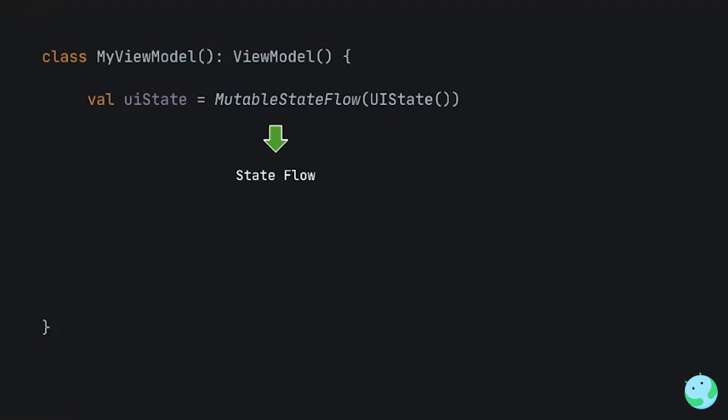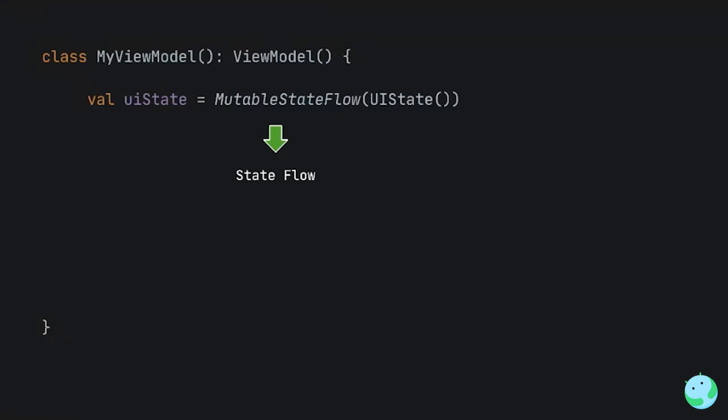A state flow conflates. It caches the most recent item you send to it, and if you send something again, it will conflate. A shared flow is different. It has the ability to replay things, to cache, and to handle buffer overflow strategies, back pressure.